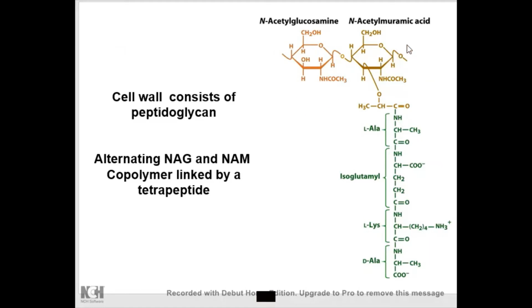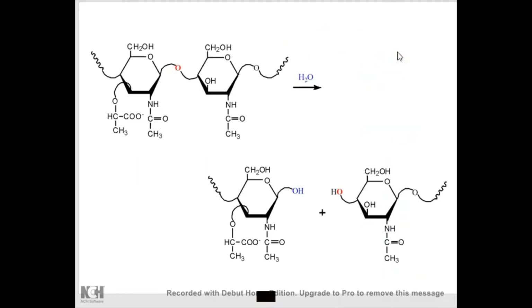Lysozyme breaks the glycosidic bond between N-acetylmuramic acid and N-acetylglucosamine. So this glycosidic bond is hydrolyzed by the enzyme, and the reaction is shown here. Actually, the second reactant is water. Don't forget water as a reactant.